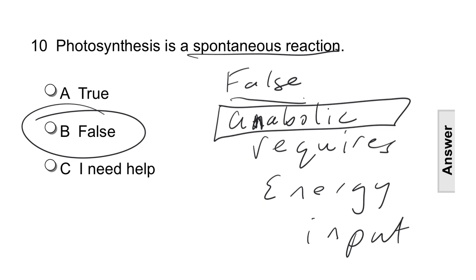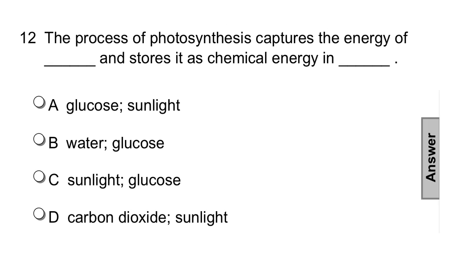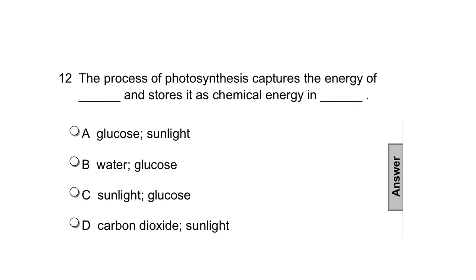Anabolic reactions require energy input. So it's not spontaneous unless the sun's out. Okay, so it's false. The process of photosynthesis captures the energy of the sun and stores it as chemical energy in the chemical bonds of glucose. So there we go.